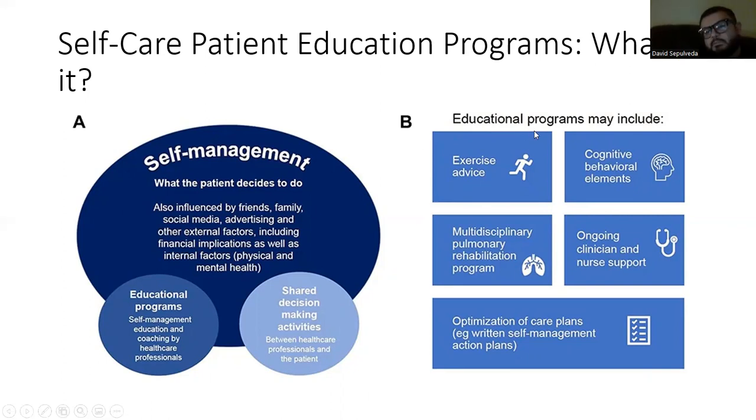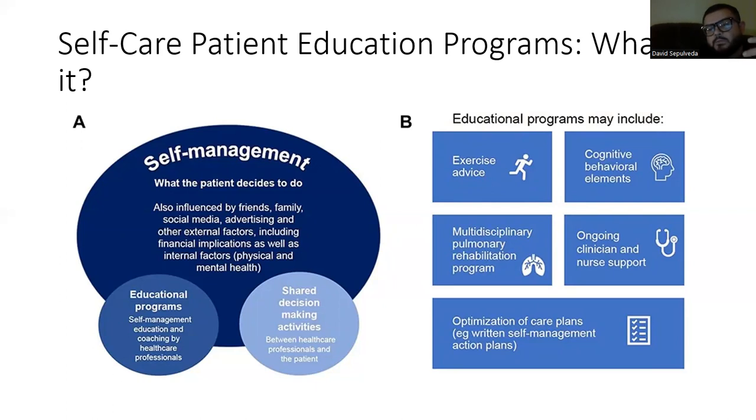So over here in section B, we also have the basic components of educational programs. So exercise advice, which helps you be more active. If you're more active, you're going to reduce the risk of a lot of diseases, especially heart disease, having to do with obesity. Cognitive behavioral elements, multidisciplinary pulmonary rehabilitation program.